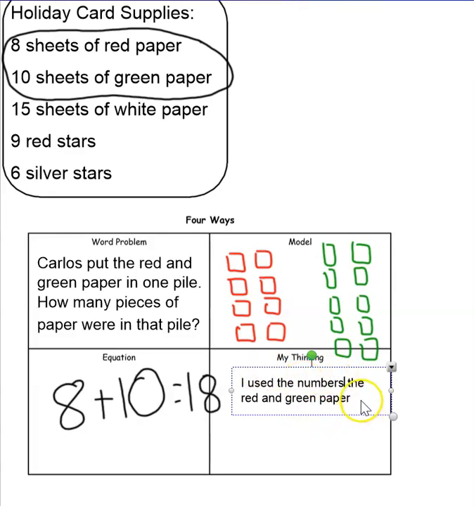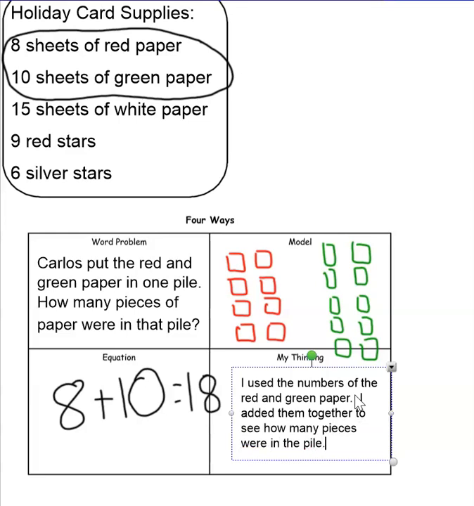I used the numbers of the red and green paper. I added them together to see how many pieces were in the pile. So that was my thinking. I took 10 and had 8 more and had 18.